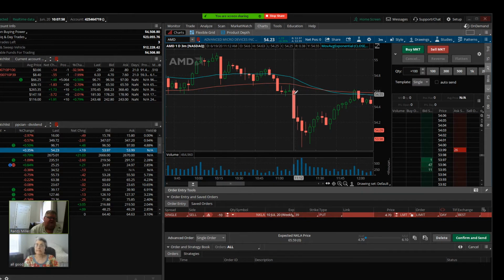Then the next 3 minute tick, it opened at 54.39, bounced around, and got as low as 54.08, but it closed at this bottom line right here. Then this one opened here, went as low as here, and closed here. And that's how you read a candlestick.